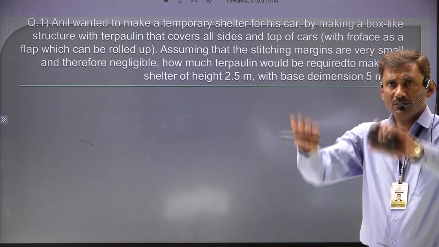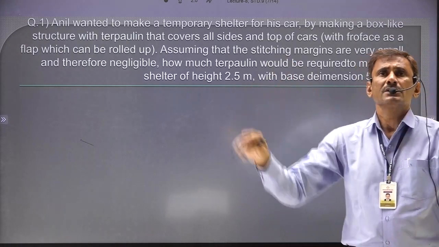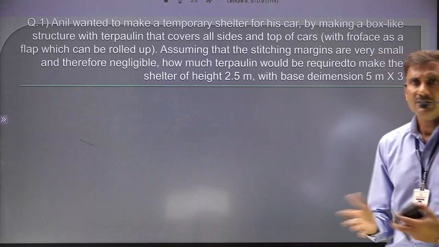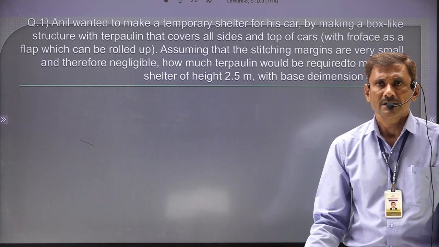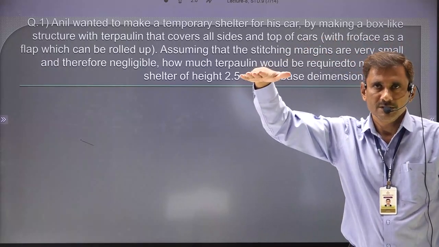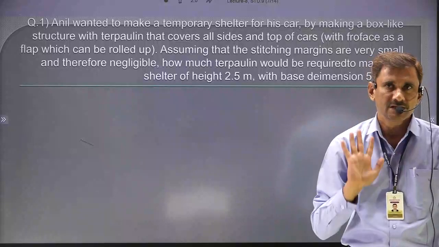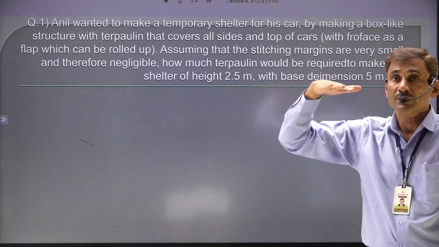Means for covering the car, that person is making one cuboid. Okay. But the bottom will not be there because the bottom is the floor only, land only. So four walls will be there and a top cover will be there, so that the car will be covered from all sides. Total 5 sides will be there, four walls and the top.